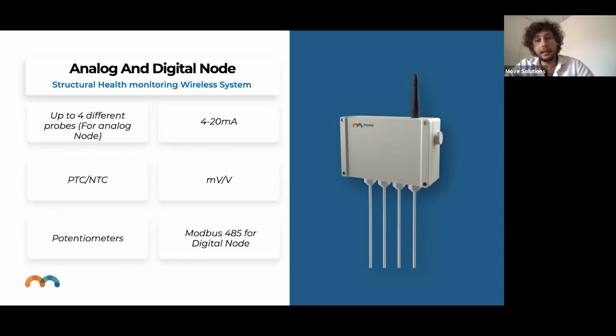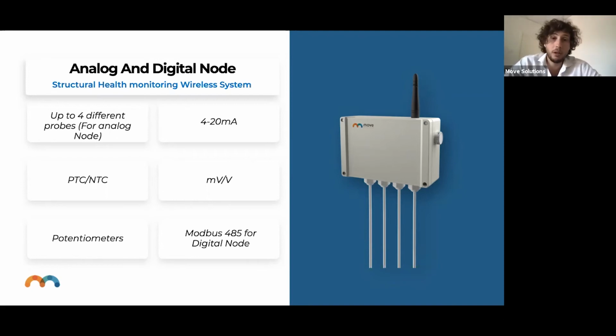So once the sensor is plugged in, we can read the sensors automatically with different interfaces. We have 4-20 milliampere, PTC, NTC, millivolt, overvolt, POT, Modbus 485, different kinds of interfaces.